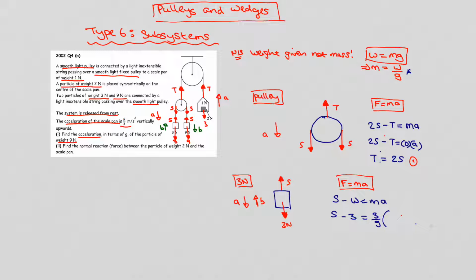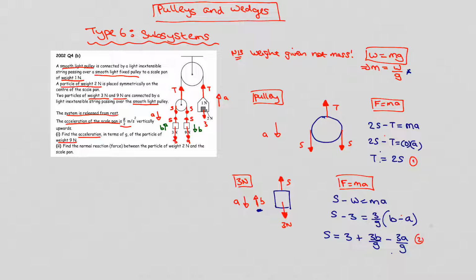And of course the acceleration, so I'm taking B to be my leading direction, then A will be in the opposite direction, so that will be B minus A. So therefore I can say that S is equal to 3 plus 3B over G minus 3A over G. So this is equation 2.